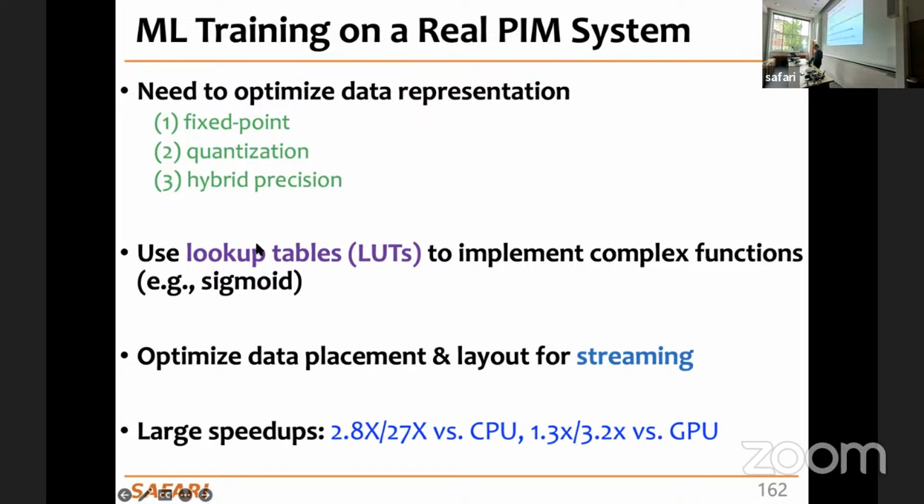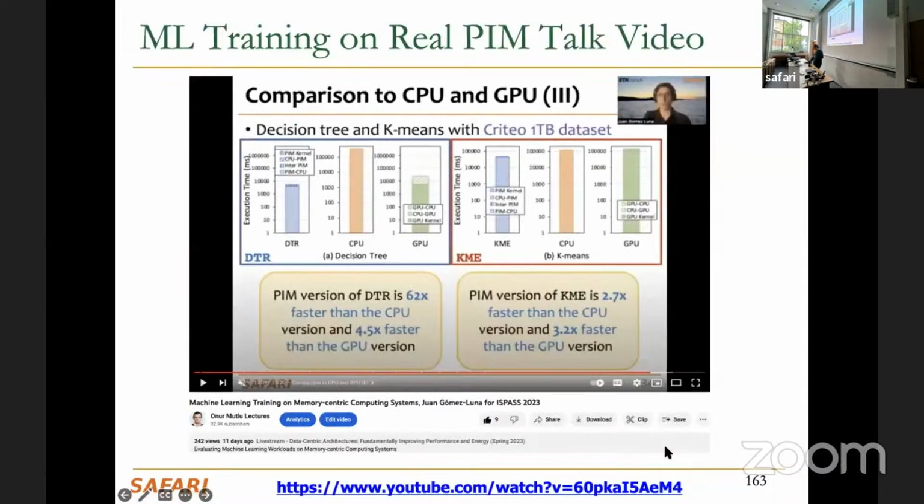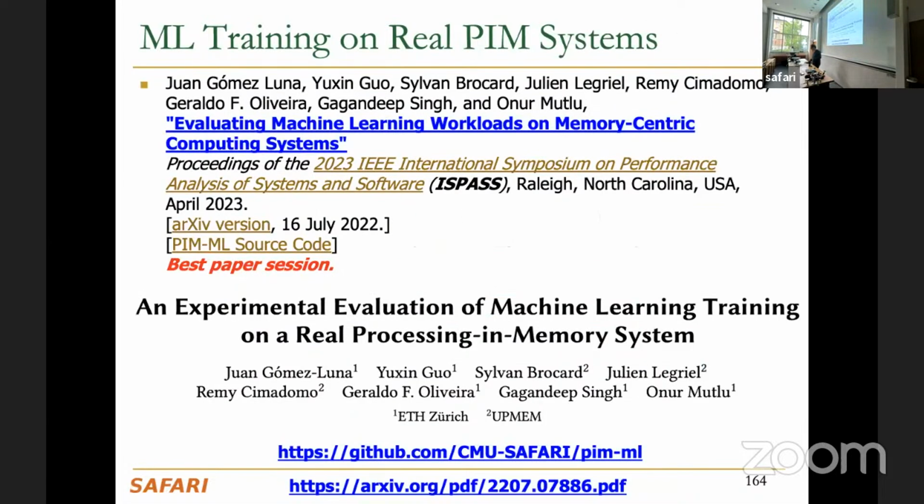As much as possible, use lookup tables to implement complex operations, and optimize the data placement and layout for streaming. If you do all of that, with some programming effort, you can beat the CPUs and GPUs, which is good. Having a real processing-in-memory system enables you to experiment with real workloads in a nice way. So it's good that people are producing real hardware. And you can find information in these papers.